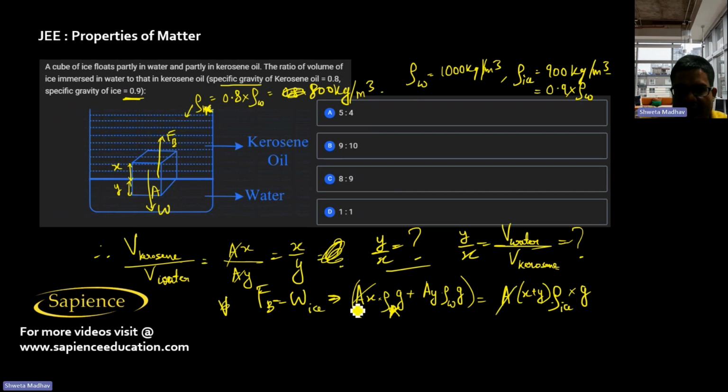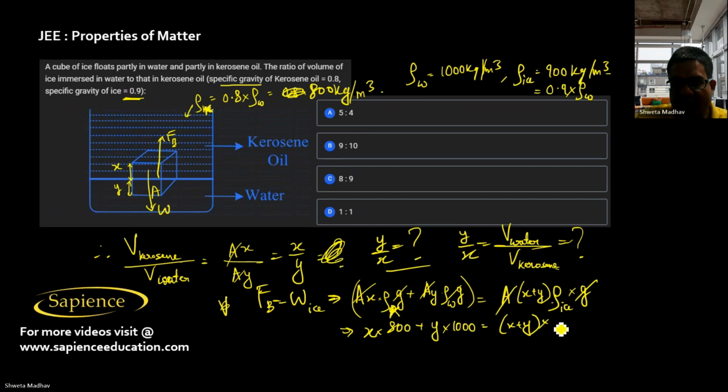So A and G will get cancelled. Then we will have X into 800 plus y into 1000 equal to x plus y into 900.